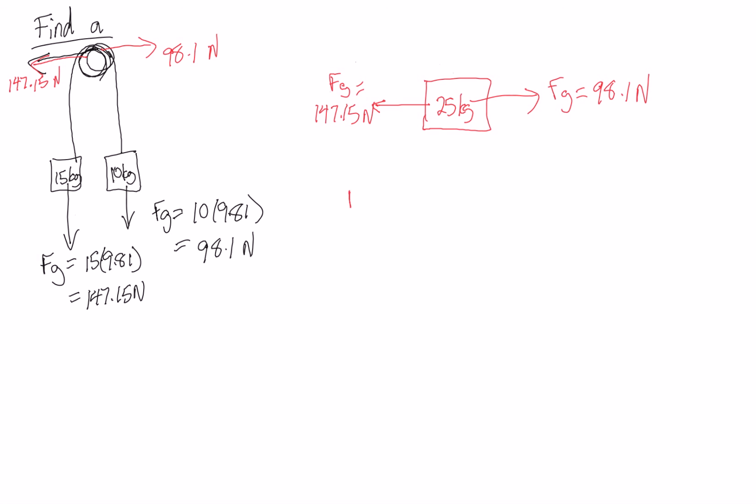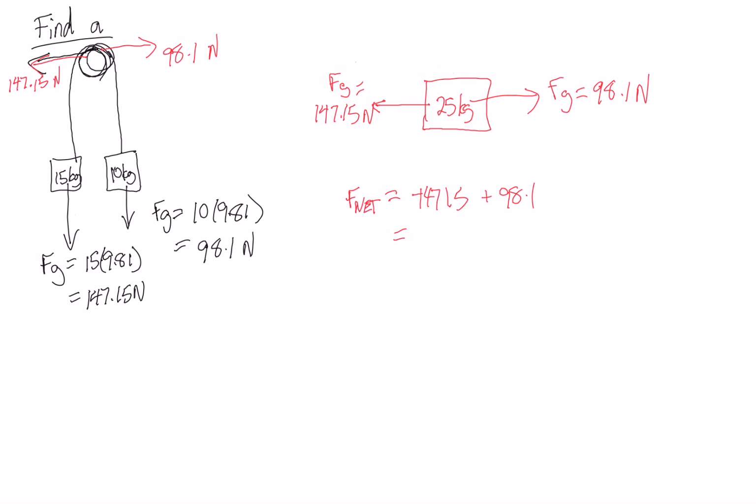So our net force will be the one to the left plus the one to the right, so we can add or subtract those. So let's keep our left and right directions as positive, negative. It doesn't really matter which one's which. But let's say we have negative 147.15, and we're going to add on positive 98.1.